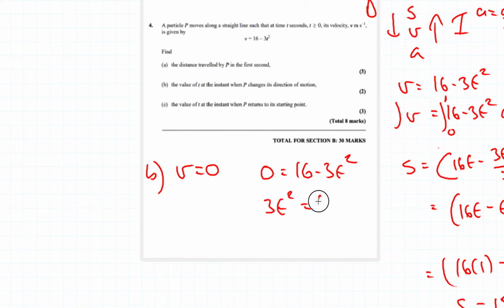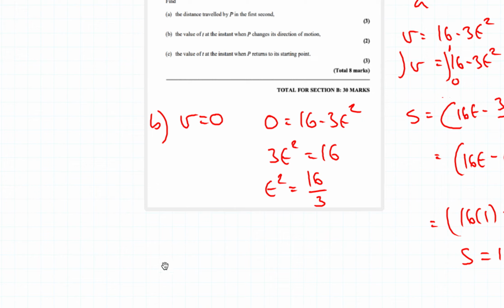So 3t squared is equal to 16, t squared is equal to 16 over 3, and then t is equal to the square root of 16 over 3. Usually you would put a plus or minus, but since we're dealing with time, you can't have negative time. So your value for t is 4 root 3 over 3, which is 2.31 seconds to 3 significant figures.